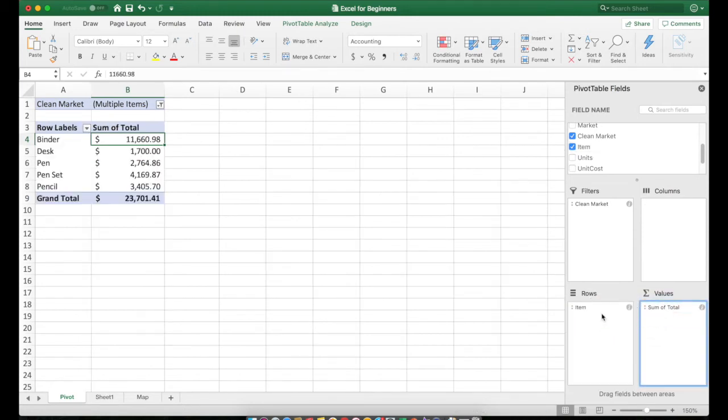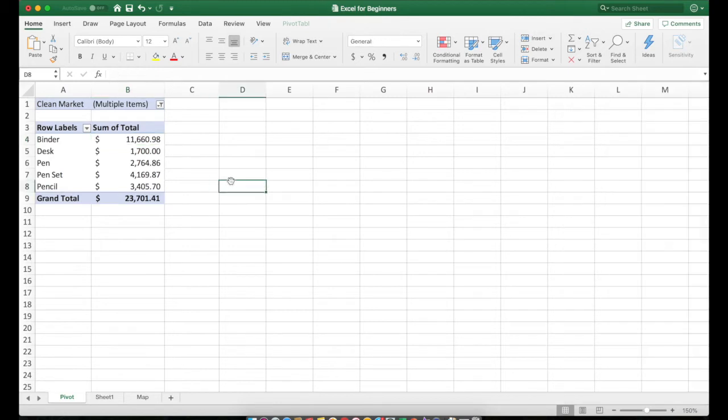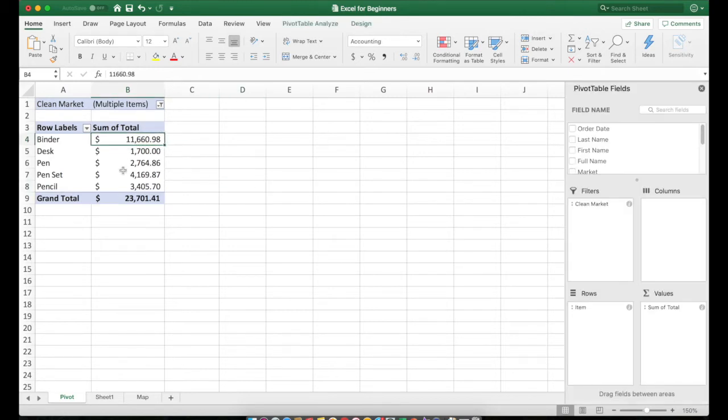I want to move it over into rows. And now I can see where my revenue is coming from. And I see I had binders, desks, pens, pencil set, and pencils. And by far, binders generated the most revenue. So that's a really important thing to know.